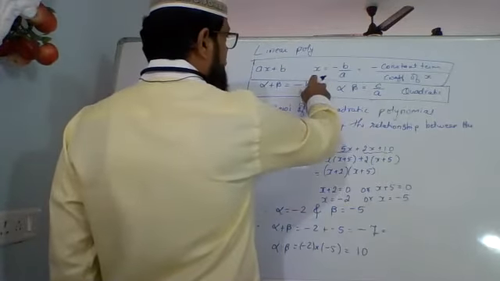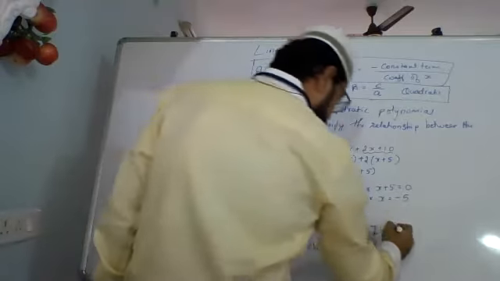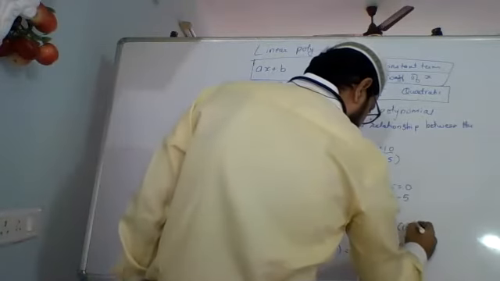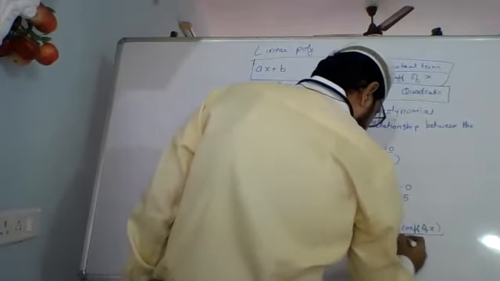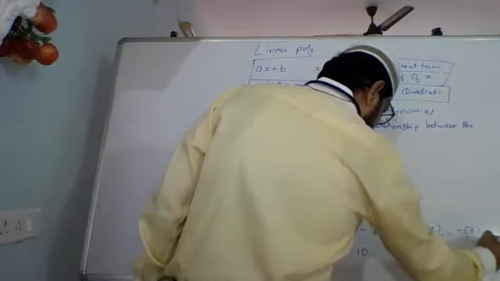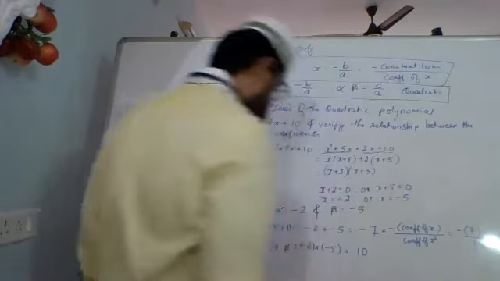Now, what is the coefficient? Minus b, that is minus the coefficient of x upon the coefficient of x square, which is minus 7 upon 1, which is minus 7.